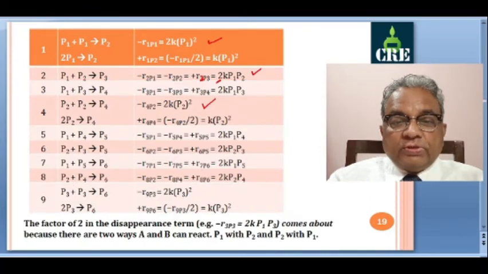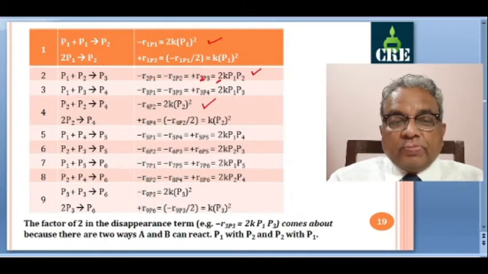P2 P4 giving you P6. Here also with the same logic we can write 2K P2 P4. Then P3 plus P3 giving you P6. So similar to reaction 1, we can say that rate of formation of P6 is half the rate of disappearance of P3, that is equal to K into P3 square.